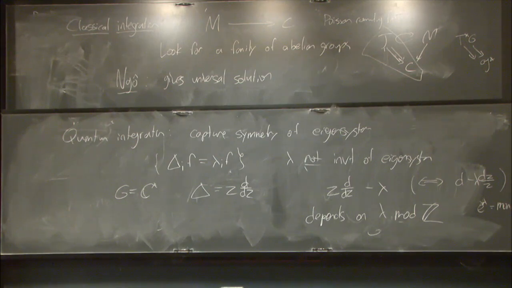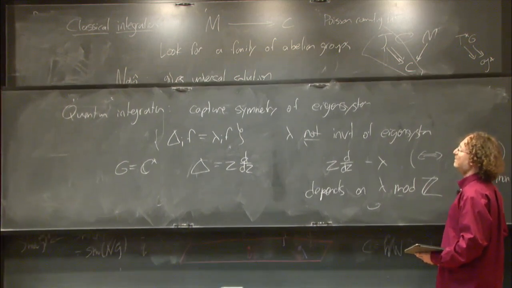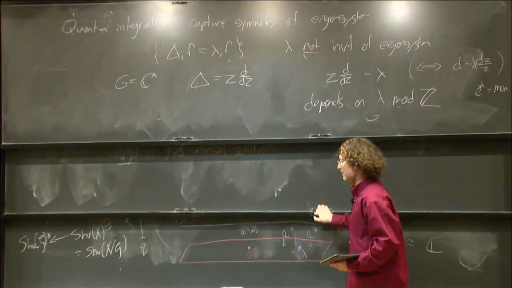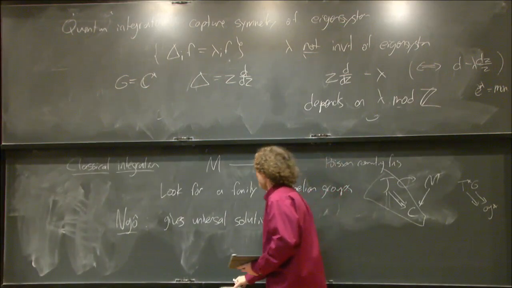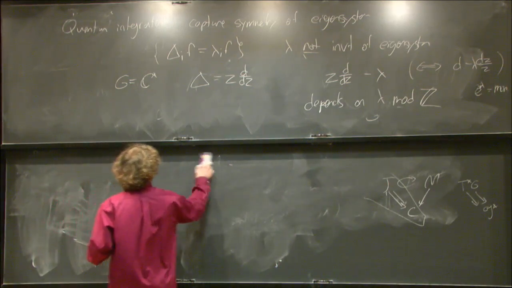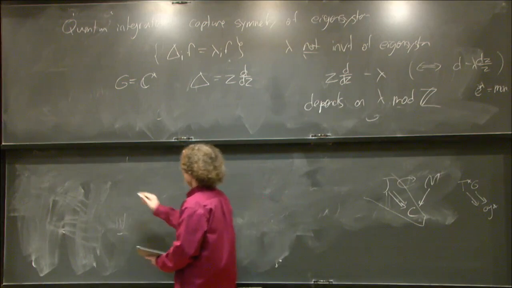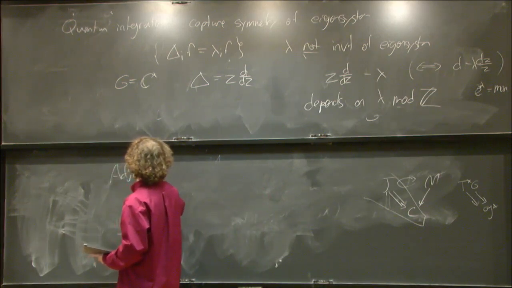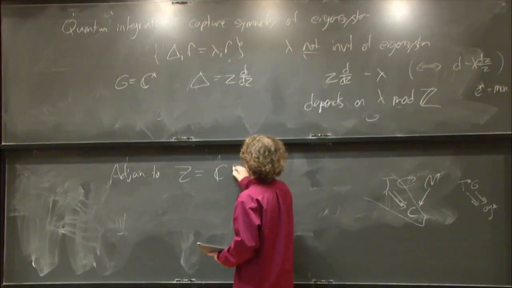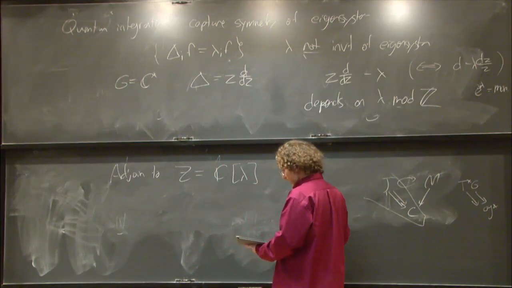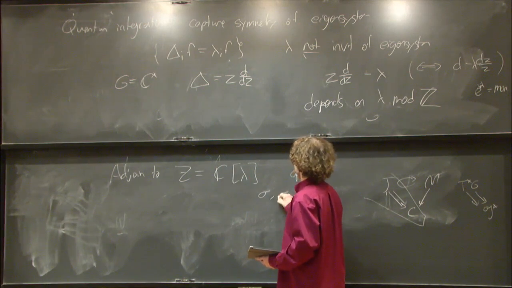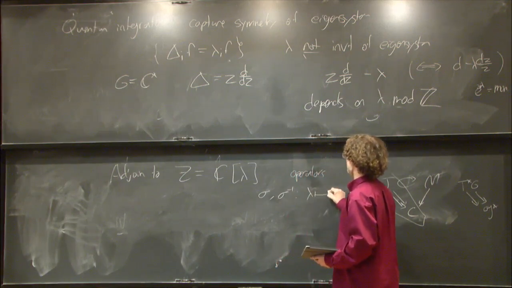Lambda is not an invariant of the system. So what is this telling you about this system of equations? It's telling you that you should be adding some more operators. It's telling you that there's a larger algebra that acts, where you adjoin to your differential operator, so we adjoin to our Harish-Chandra operator, which is the center of the enveloping algebra, which here is just polynomials in lambda, if you'd like, the operators, let's call them sigma and sigma inverse, that translate lambda.